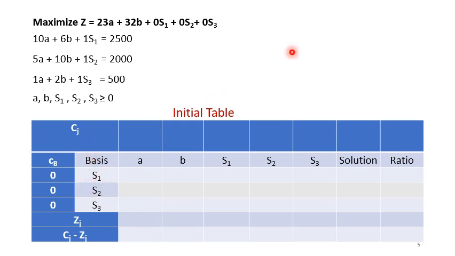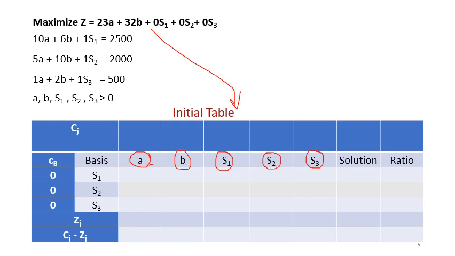Now what will be the values that you are going to write here? As we have seen, the decision variables are written here: this is decision variable a, this is decision variable b, and these are the slack variables. Whatever is appearing in the objective function you have written here in the basis.